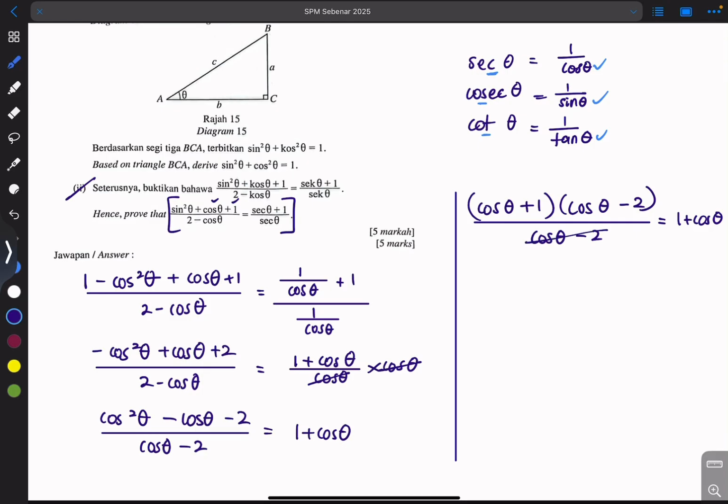Here cos theta minus 2 can cancel off. So we get cos theta plus 1, or 1 plus cos theta, equals to 1 plus cos theta. So left hand side equals to right hand side. Proven. Done.